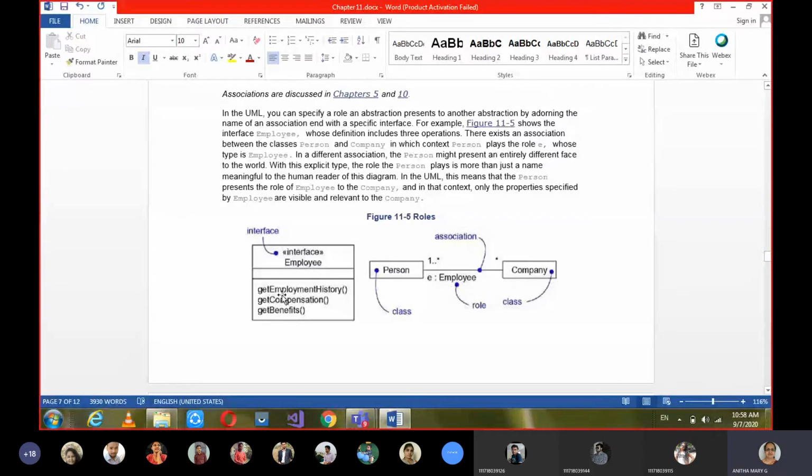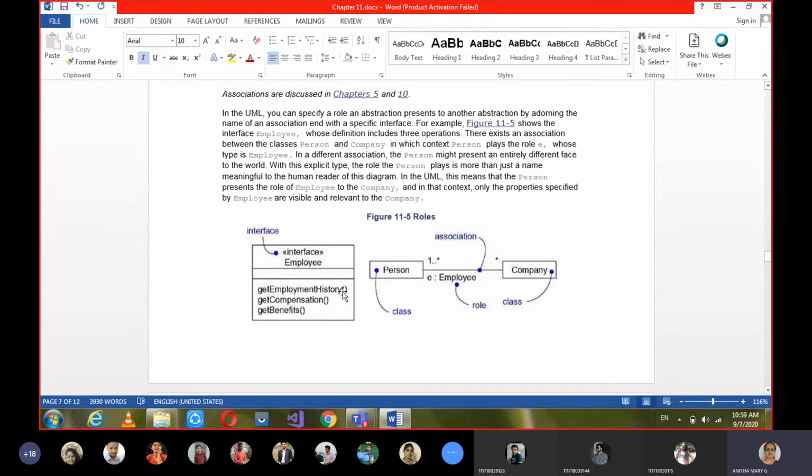Okay, so here, get employment history. When a particular employee joins, there is a service maintained under the employee interface for maintaining the history. History means where he has worked earlier, what his teaching experience is, what the designation was, what the last salary drawn was. All the details will be given by this interface.